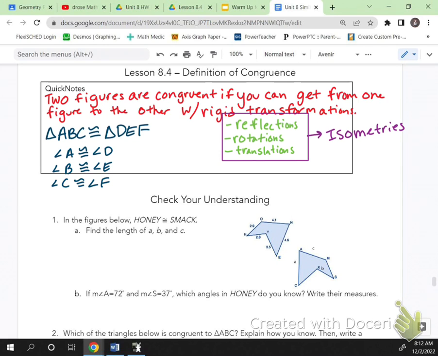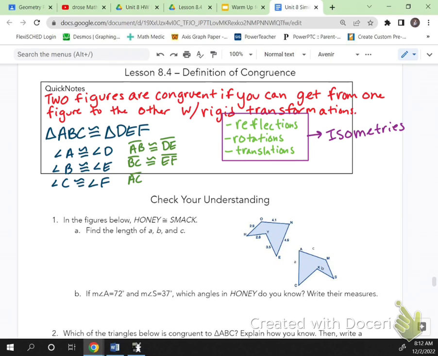Then if we list out the sides, that's the angles, the sides. Side AB would be congruent to DE, yep. And then we could list all these off. BC would be congruent to EF.